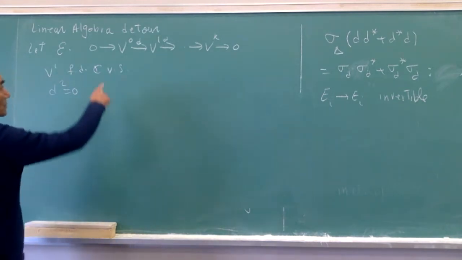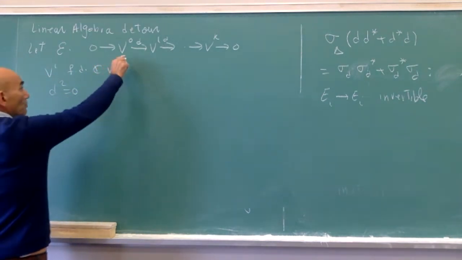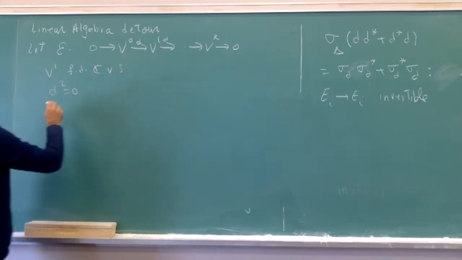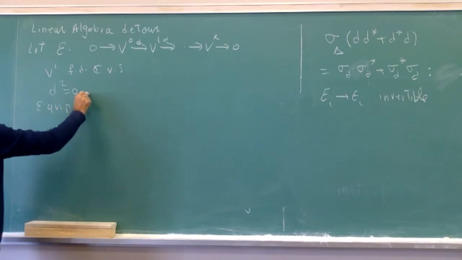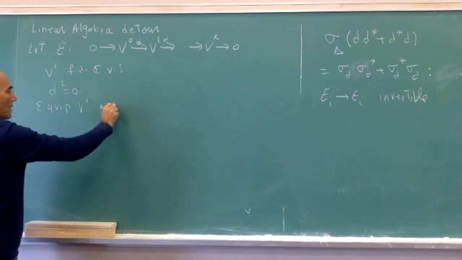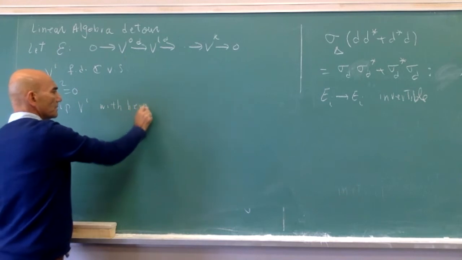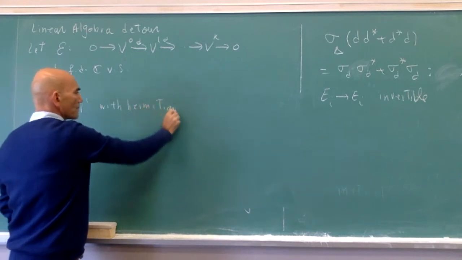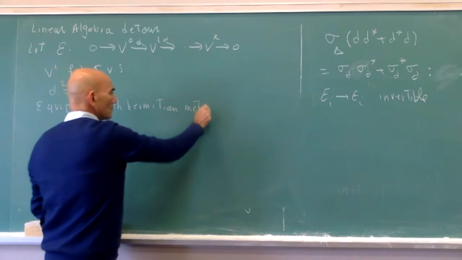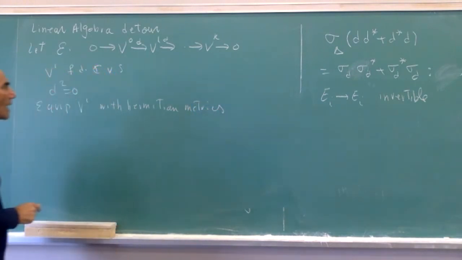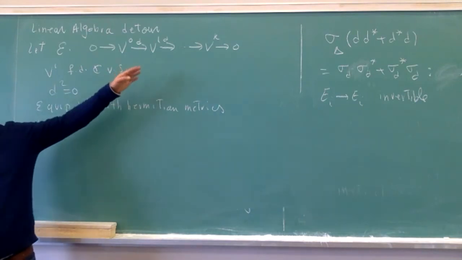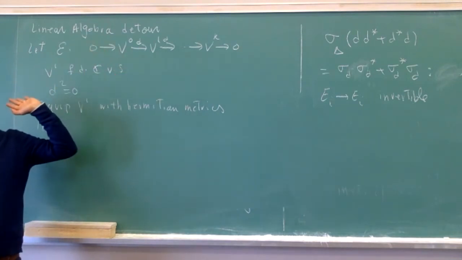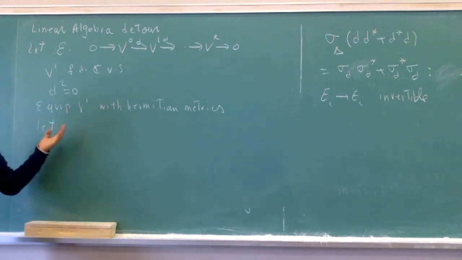What we are going to do now is put metrics on, equip the V_i's with Hermitian metrics. Once you put Hermitian metrics on the V_i's, then you can take the adjoints of these d's, right? But that's just finite dimensional, and that's straightforward.